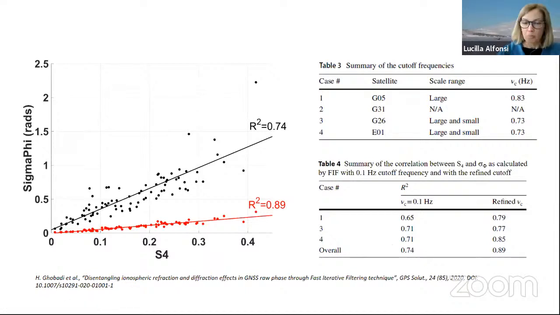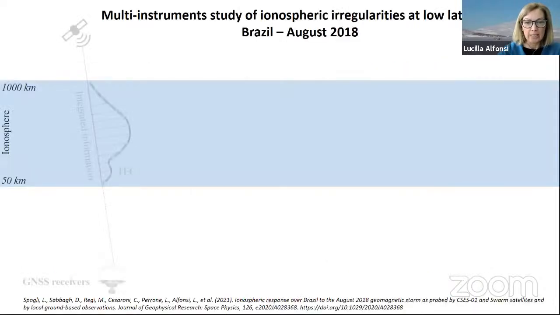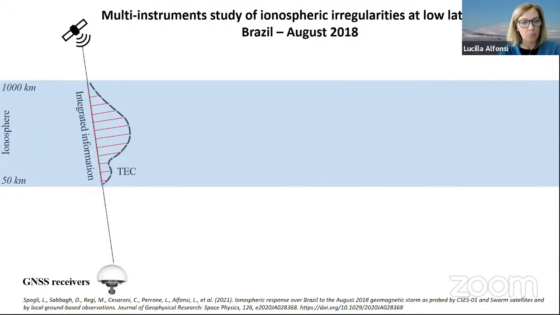So starting from this, moving towards an empirical assessment of the ionospheric irregularities and moving from high latitude to low latitudes, we can see a couple of examples of the multi-instrument approach, so a completely or almost completely empirical approach to assess the irregularities at low latitude.